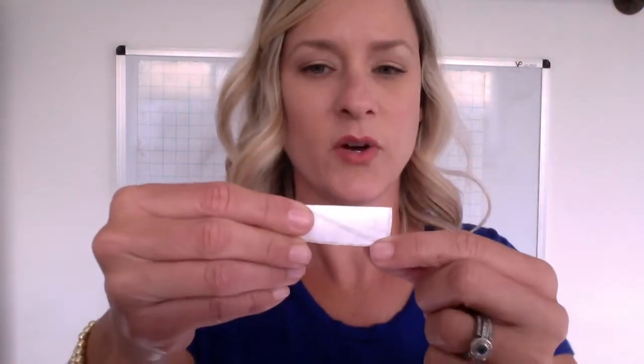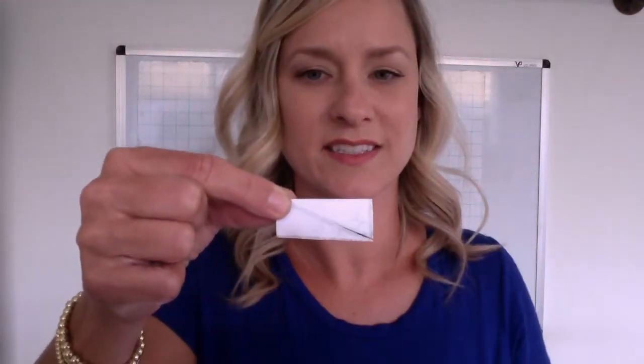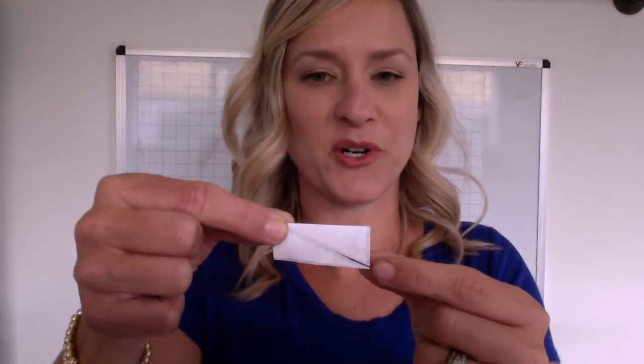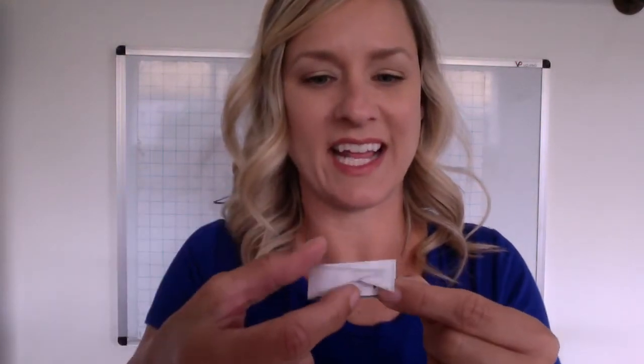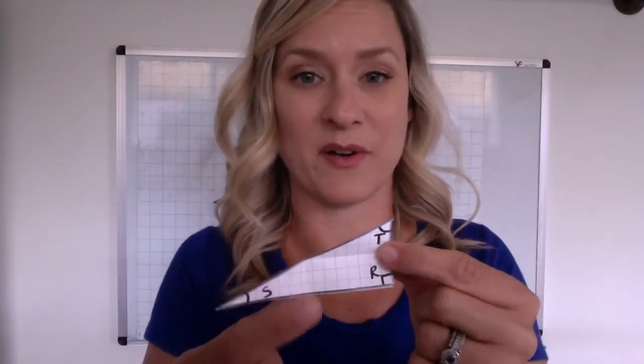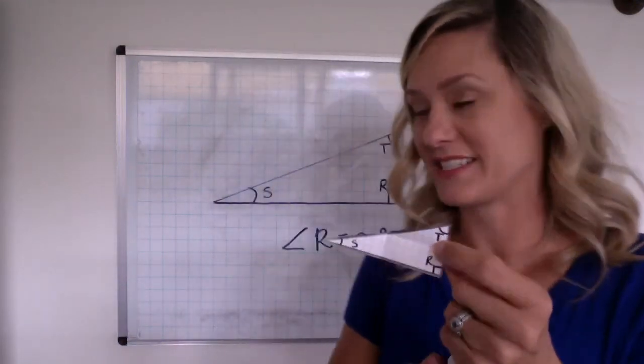There we go. What do you notice there? Did you notice that it covers angle R completely? No overlap. So that means that angle S and angle T together must make 90 degrees.